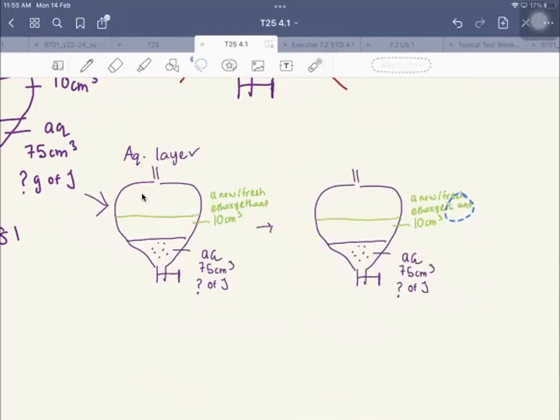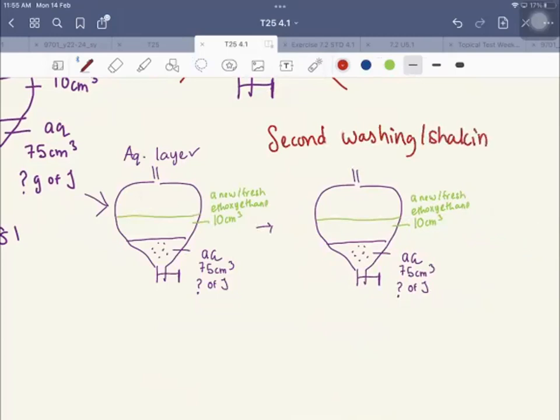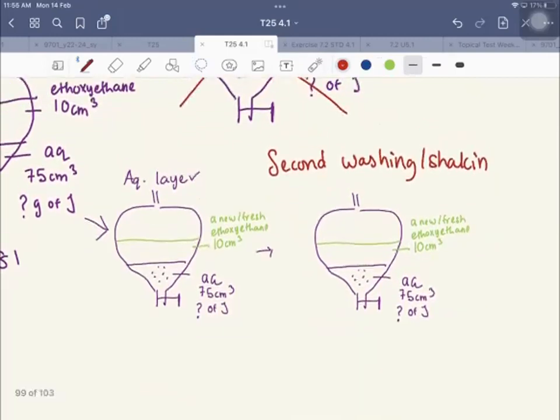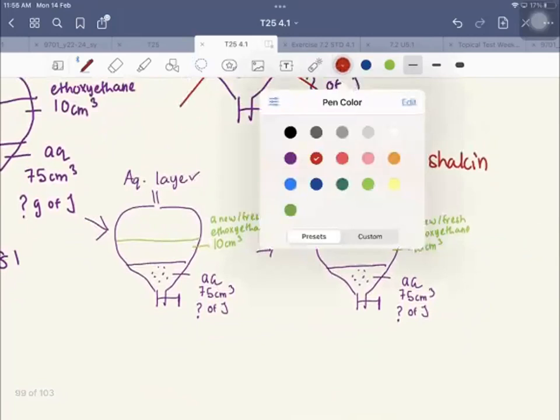So I will call this second washing or second shaking. Are you all still with me? I know you're probably lost at this point, but just bear with me.